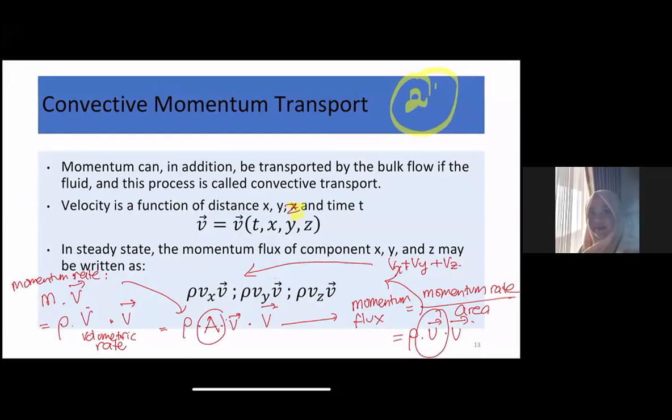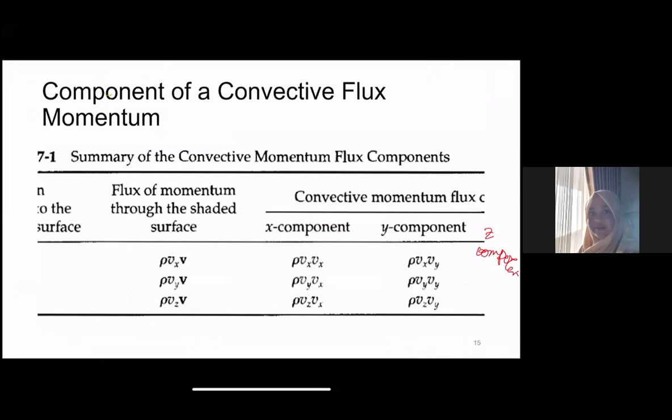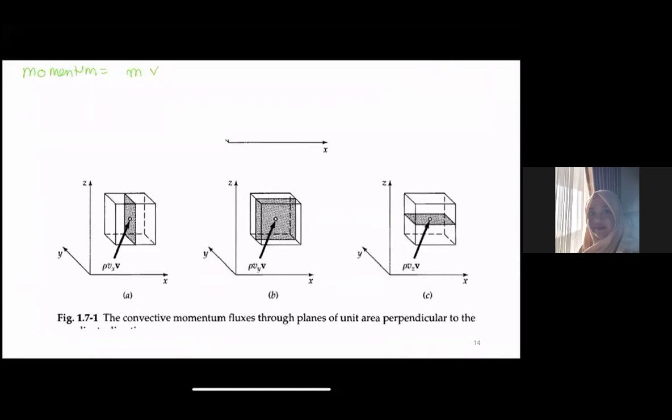Oh yeah, okay. Maybe let's just write it here. So we know that momentum is equal to m multiplied with v, yeah? Okay, and this momentum is equal to rho multiplied by the volume multiplied with v.